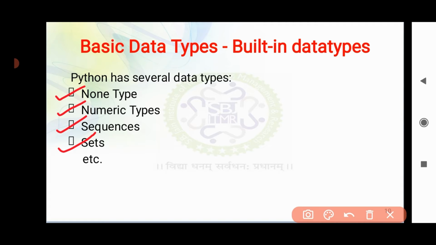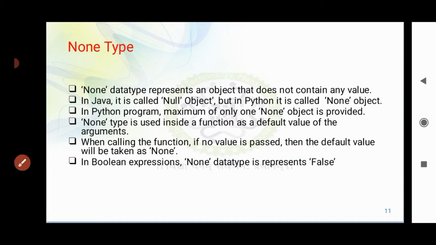Built-in means that you need not define any data type for any value explicitly, but Python will take it accordingly, according to the requirement or whatever data you are defining. Automatically Python will declare the corresponding data type, which is one of the best features of the Python programming language. Okay, so now let us move ahead with the first built-in data type, that is None type.